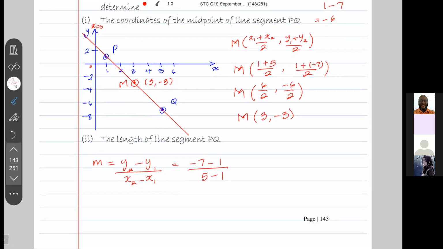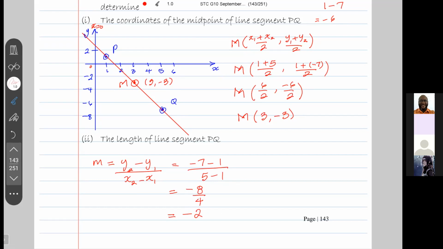Guys, what is minus 7 minus 1? Anybody? Minus 8. Very good. If the signs are the same, you add and keep the sign. And then 5 minus 1 is 4. A negative divided by a positive is a negative. And 4 into 8 goes 2. The gradient is minus 2. We were expecting it to come out negative, and it did come out negative.